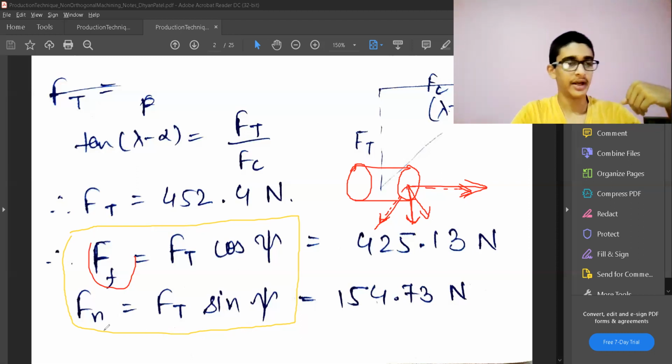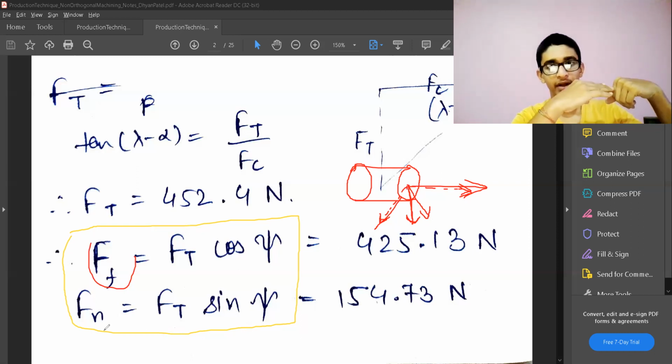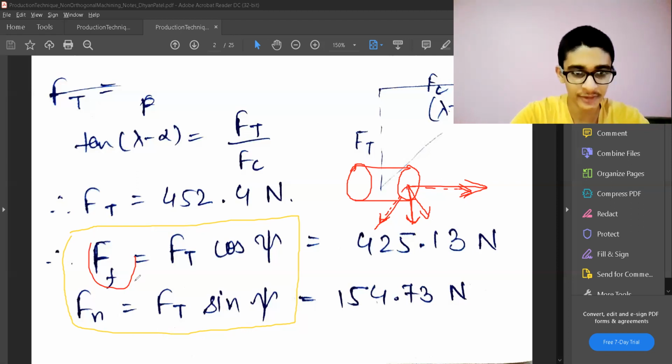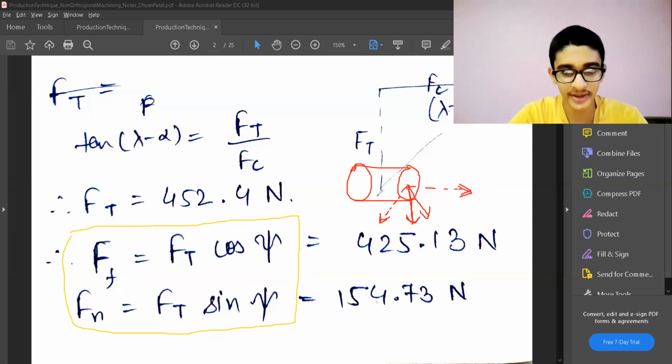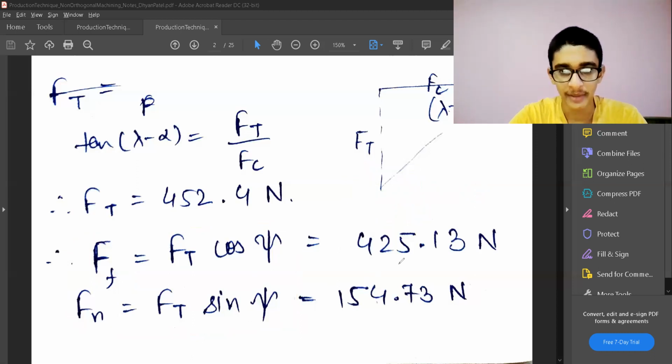And if I give it a feed, I'm going to move it along the spindle axis, so the feed force will be in this direction along the axis. So I have explained the three components of force. Just by taking the projection using the cos phi value and sin phi value, I get the values of the three components of force.